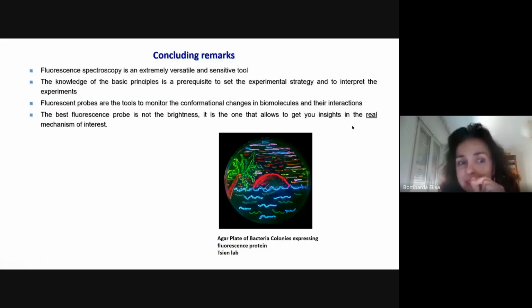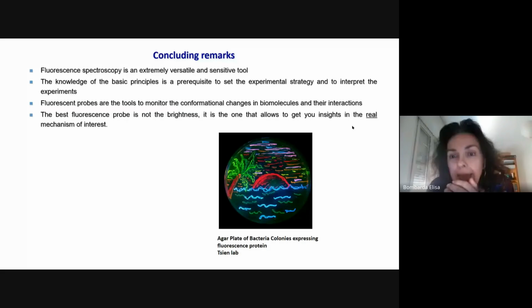And with this, I actually mean that it has to be a probe that is sensitive to the phenomenon that you want to observe. And when you insert it in your system, you don't modify the system. So that means that a good probe is the probe that provides information without modifying the system.